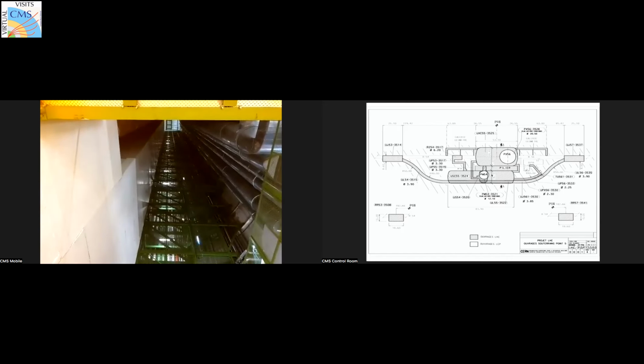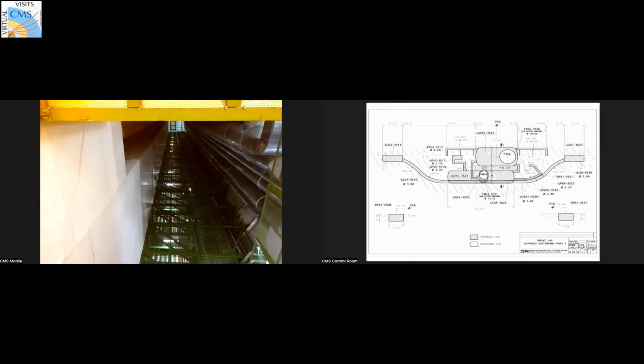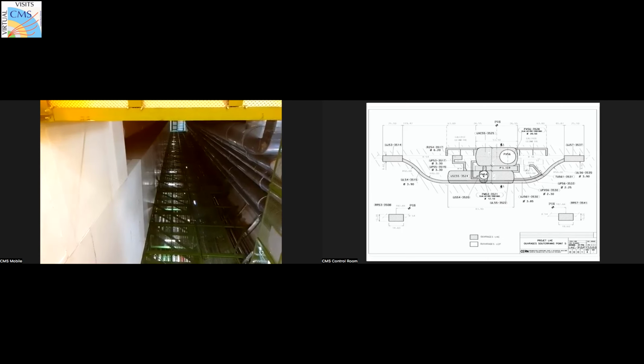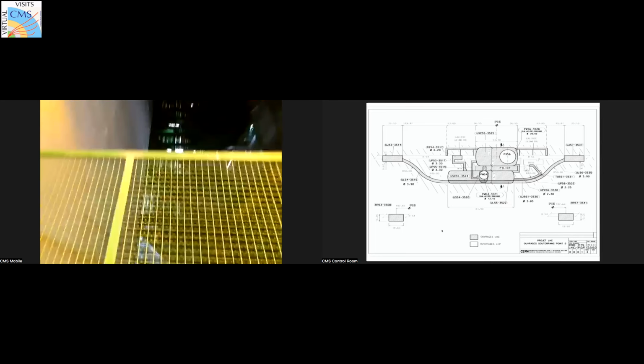This is the surface where I was just a few minutes ago. And you can understand that this shaft, as it is called, is used to bring material up and down, and then to introduce the material through this corridor I was talking about before into the experimental cavern.